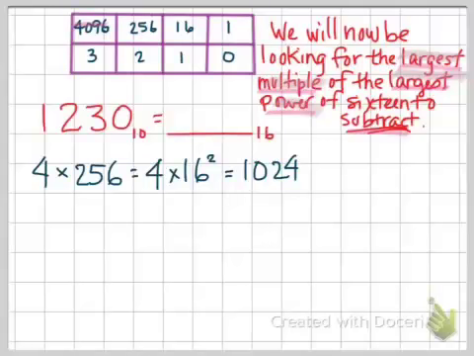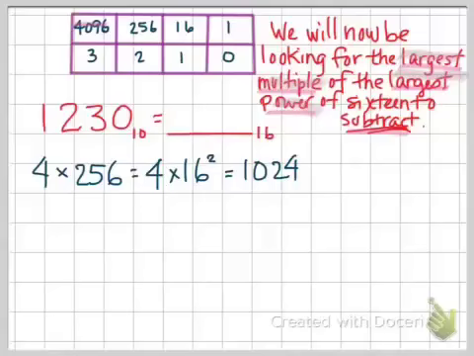So we ask ourselves, how many multiples of 16 squared can be subtracted from 1230? Well, 256, if we round that to 250, 5 groups of 250 would be 1250. So we know that 5 groups of 16 squared are too many.